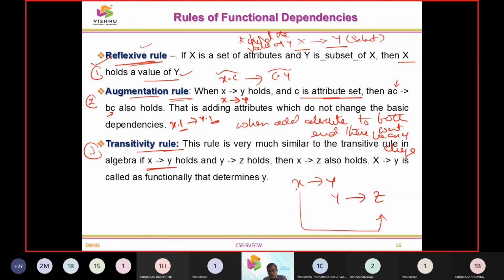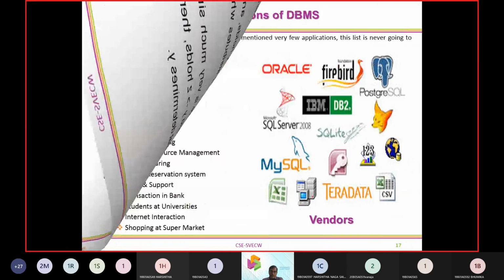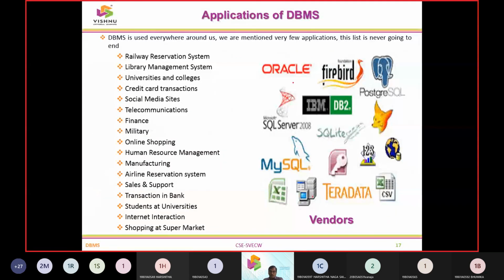And obviously we say there is a relationship between X to Z. This is where X to Y holds and Y to Z holds, and X to Z is also going to hold. Then X functionally determines the value of Z. So we call this the transitivity rule.